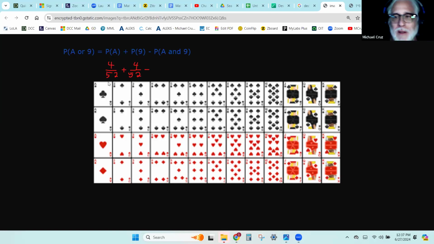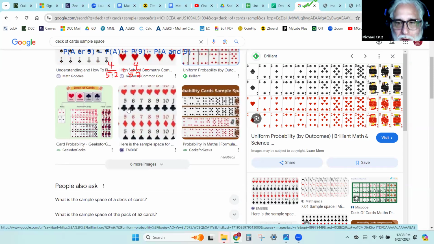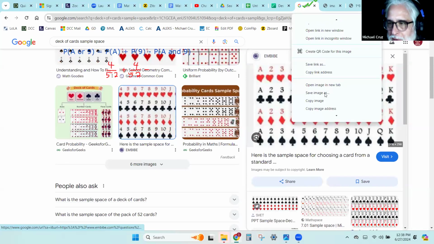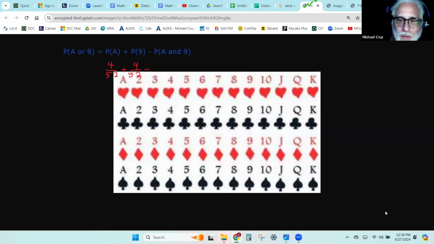Let me see if I can get a better one. See if this is a little better. There we go. So here's the aces, and here's the 9s. Are there any that cross?